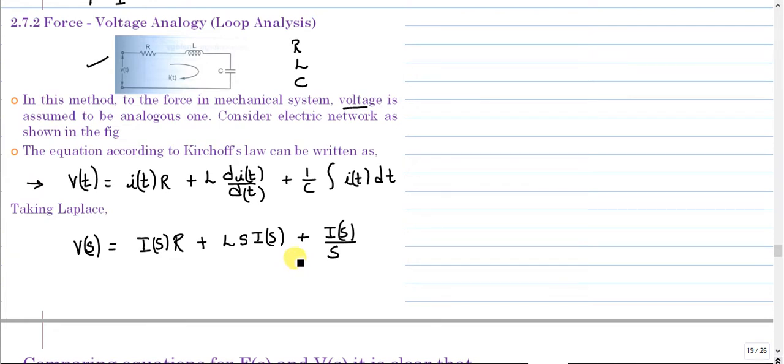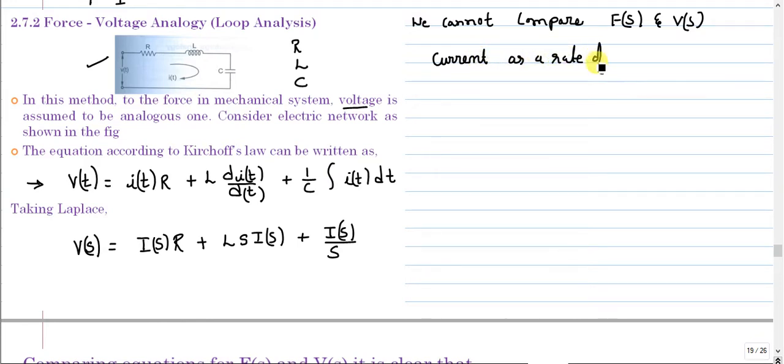And remember, we cannot compare F of s and V of s unless we bring them into the same form. So the comparison cannot be done. For this, we will use current as a rate of flow of charge.